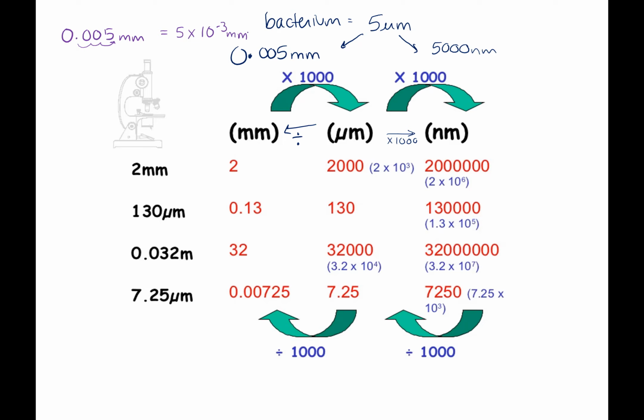So when you're going this way, it's 10 to the minus 3. If we did 5,000 nanometers, we would say our decimal is, here we go, 1, 2, 3. It's 5 times 10 to the 3 nanometers.